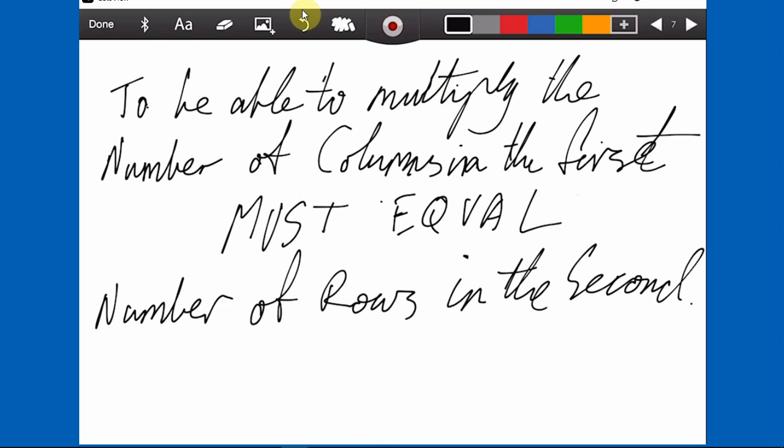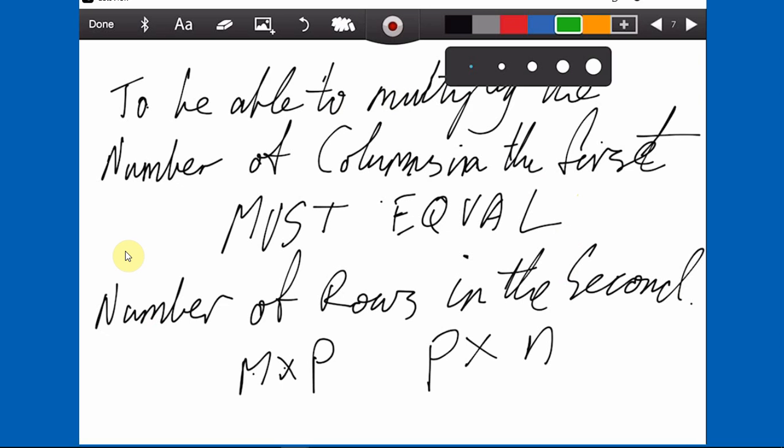So if you have an M by P matrix and a P by N matrix, as long as these two here are the same, then we can multiply it. The other numbers, the M and the N, don't matter what they are.